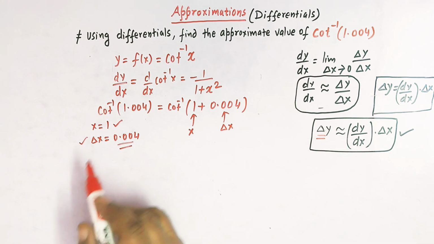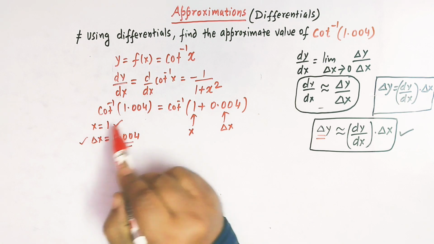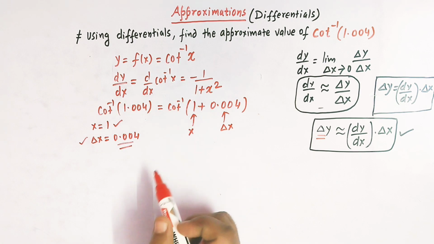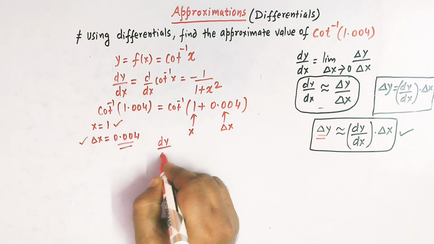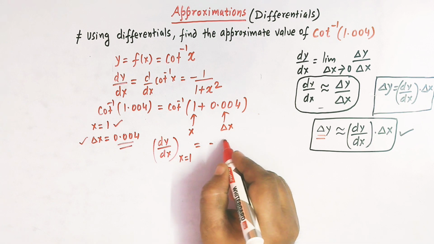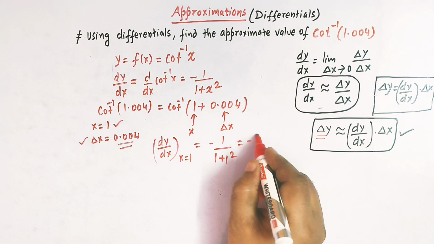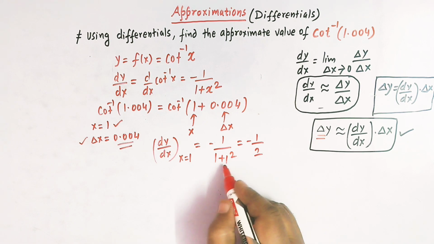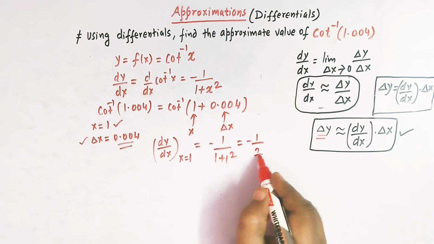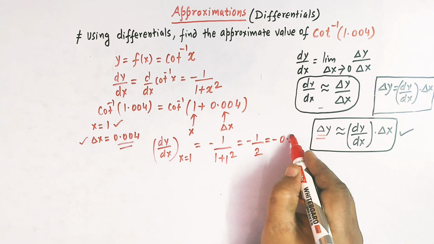So let us find dy by dx by taking x equal to 1 in this expression. dy over dx at x equal to 1 is minus 1 over 1 plus 1 square, that is minus 1 over 2, since 1 plus 1 square is 2, so that is minus 0.5.